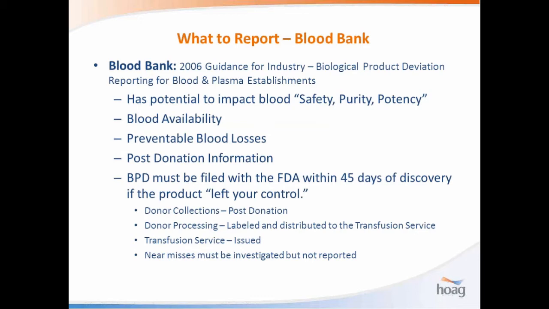If you put a too short expiration date, one could argue maybe that doesn't impact safety, purity, or potency. We actually report anything that affects the availability of that blood component, including a preventable blood loss in the processing lab. Certainly post-donation information is a big one for us, and one that has to be reported.